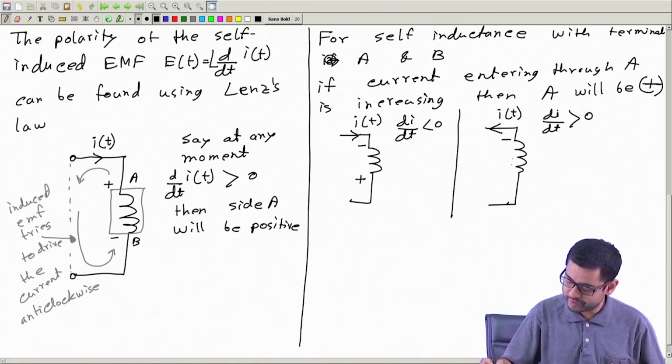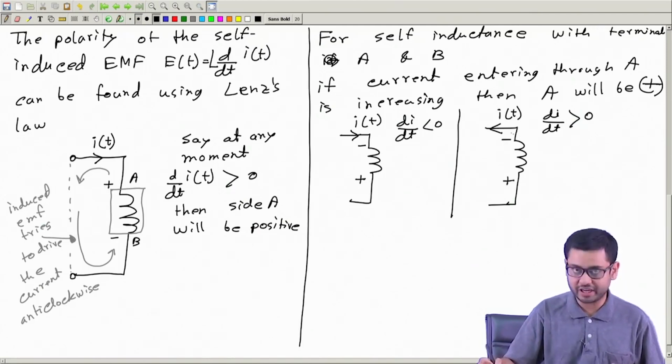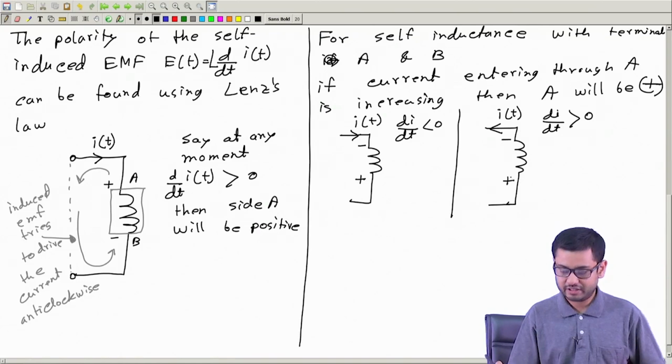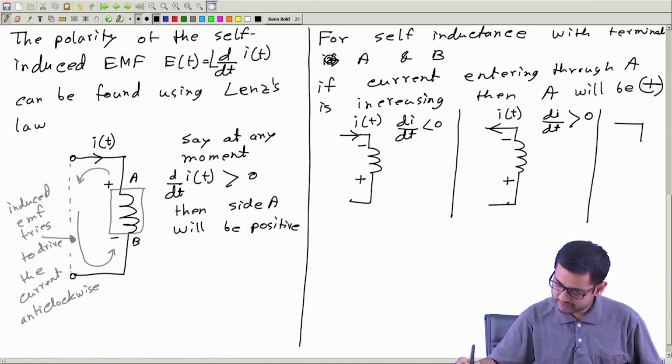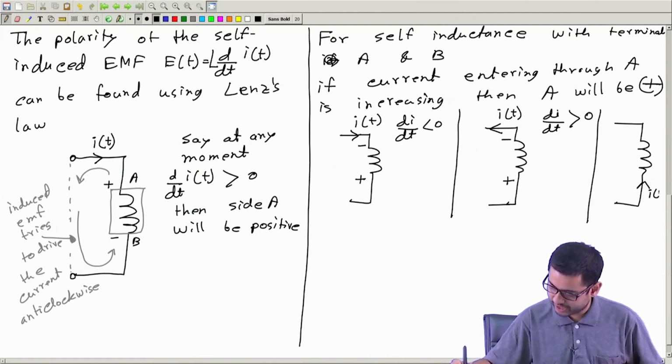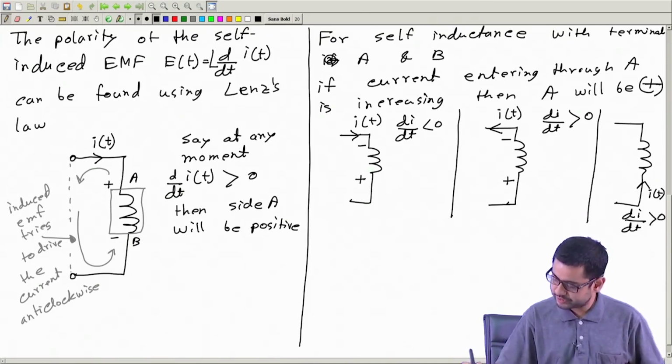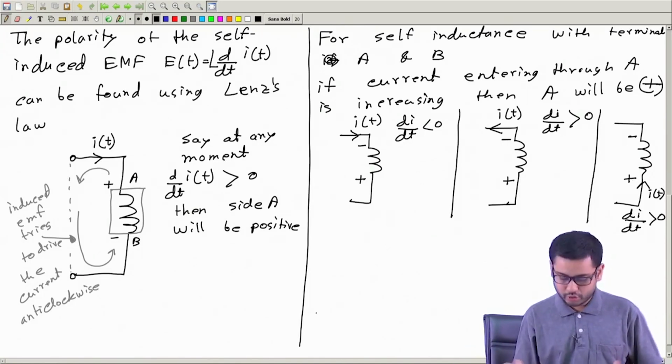So therefore this will be minus, because this is leaving current, this is not entering current. Okay, similarly, if we have current say entering through this, if this is the direction of IT, and again say di dt is positive, then this side will be positive, this will be negative, okay, so on.